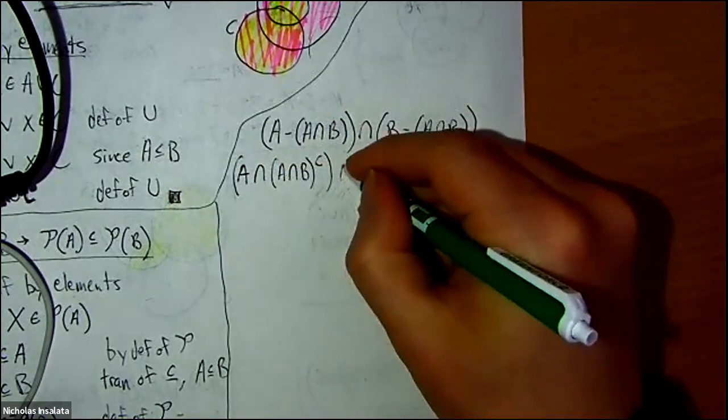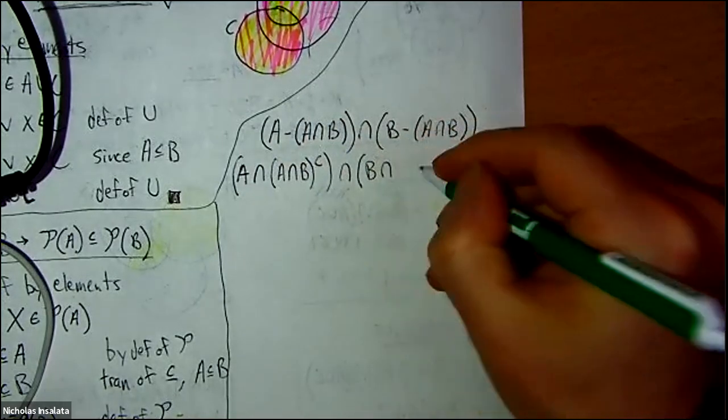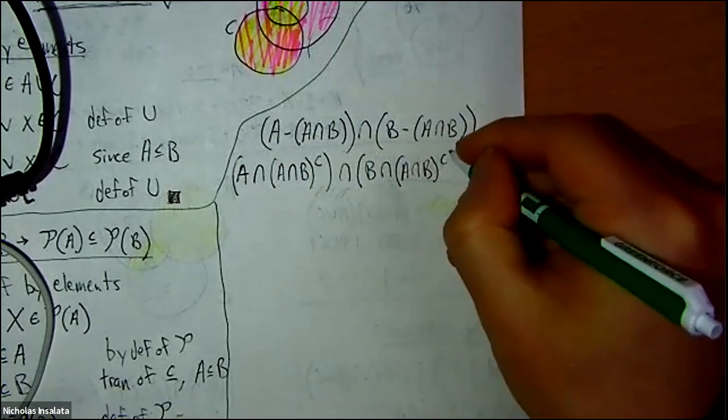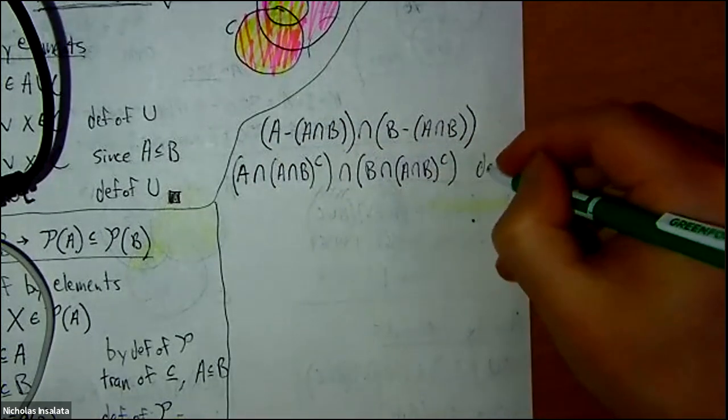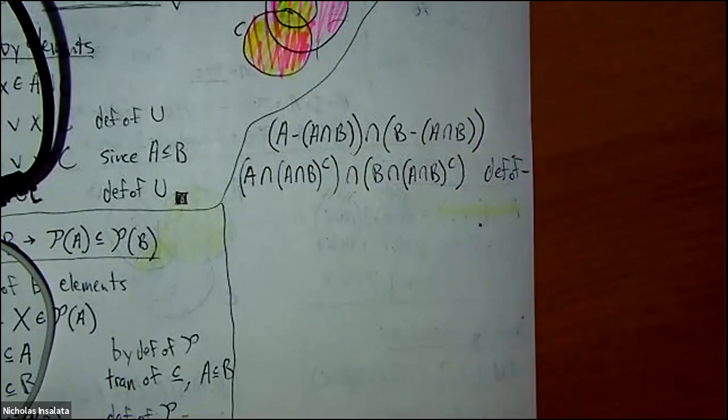That's going to be intersected with the same thing on the other side, B intersect A intersect B quantity complement. That's by definition of set subtraction. What do you guys think? Does that look good?